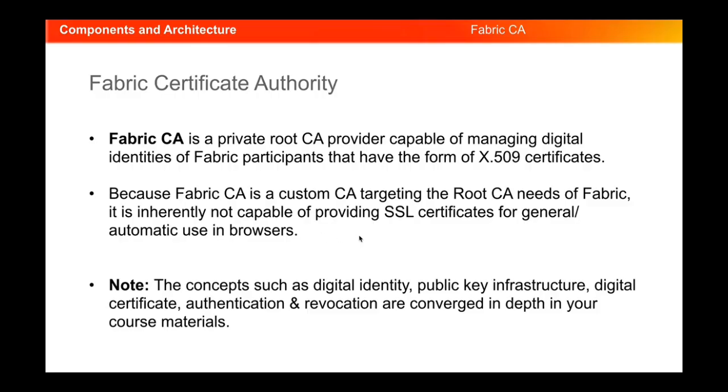Concepts like digital identity, public key infrastructure, digital certificates, authentication and revocation are covered more in depth in the course material. And we will also look into how we are going to integrate the Fabric Certification Authority into our network in the practical sections.